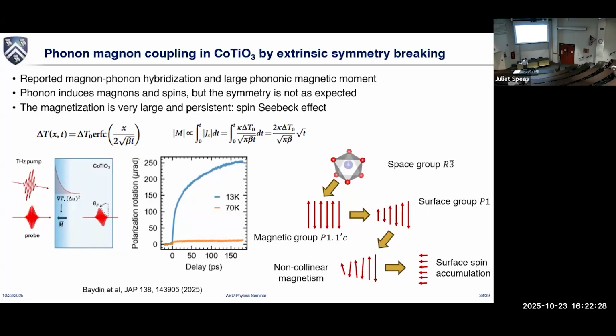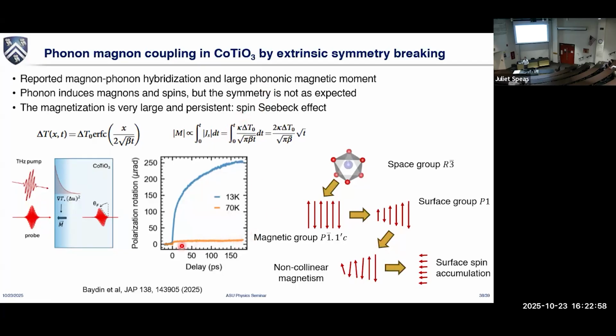But what happens is this is a bulk piece of material and it has surface states. And it turns out that the breaking of surface symmetry is sufficient to generate what we call the spin Seebeck effect. That is to say, you shake the lattice, and effectively the flow of phonons is just like heat flow, and then that generates a spin flow.